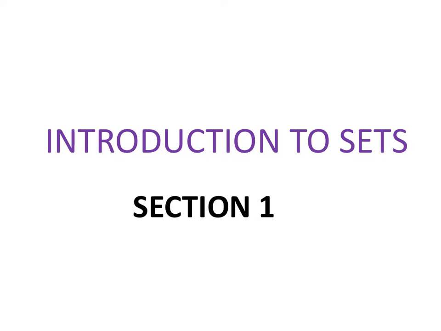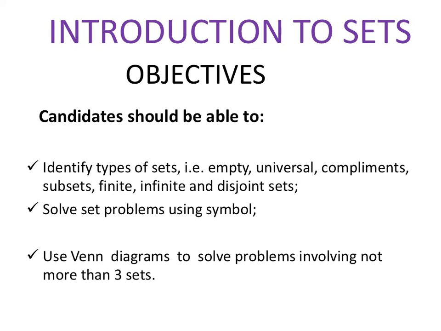Section 1, Introduction to Sets. The objectives: at the end of this section, the candidates or the students should be able to identify types of sets, that is, empty, universal, complement, subsets, finite, infinite, and disjoint sets.